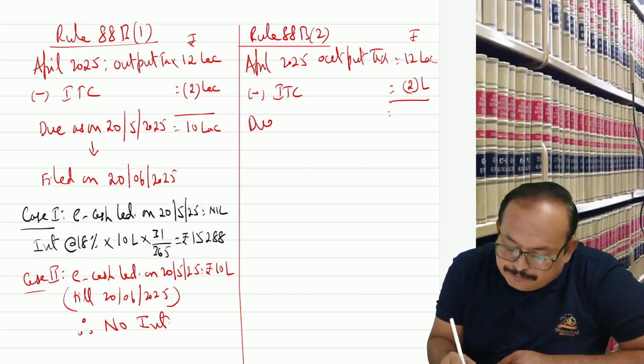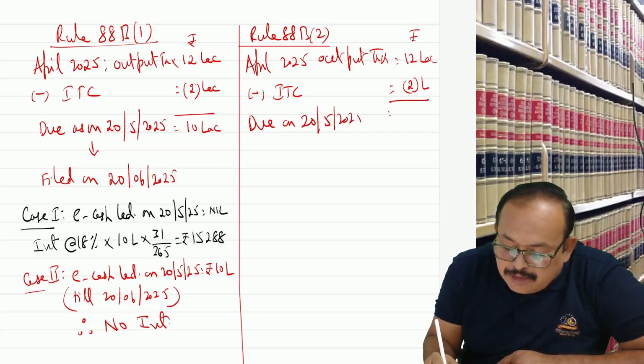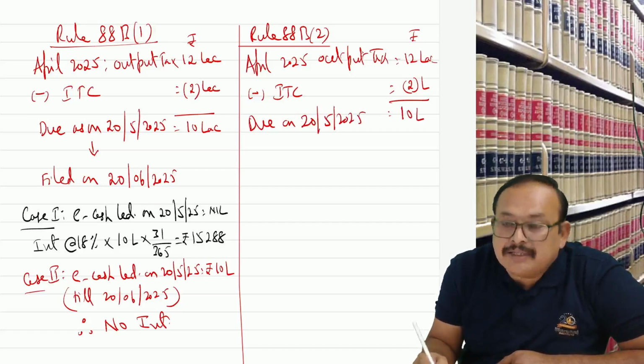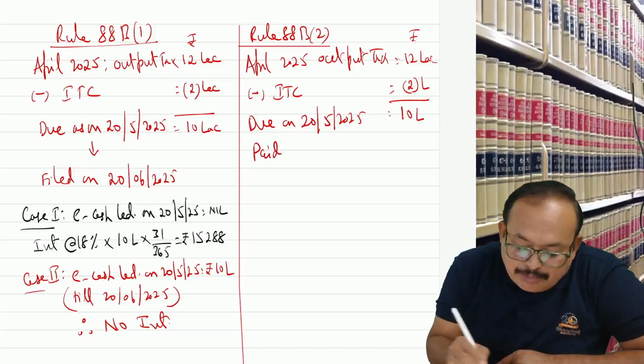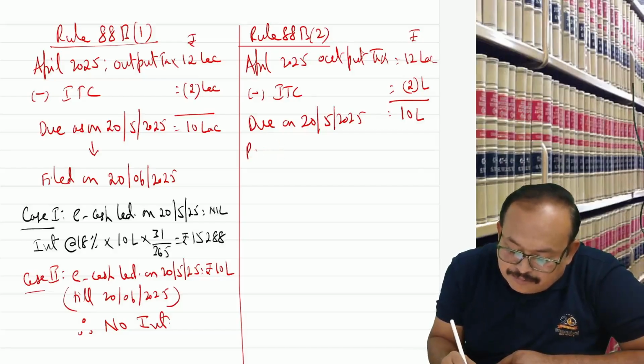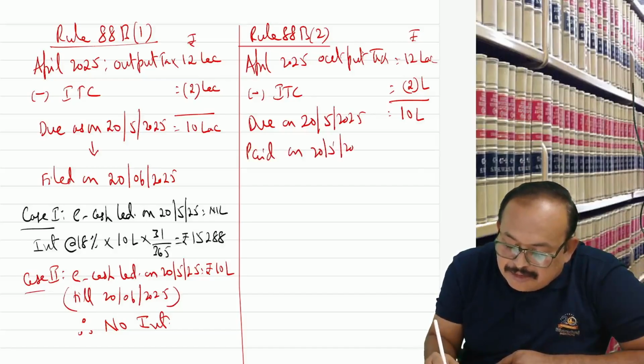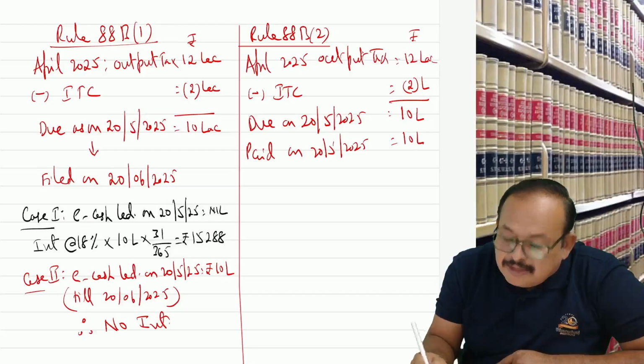Due to pay: due on what date? Due on 28th May 2025. How much? 10 lakhs. Return submitted, paid on 20th May 2025, 10 lakhs.